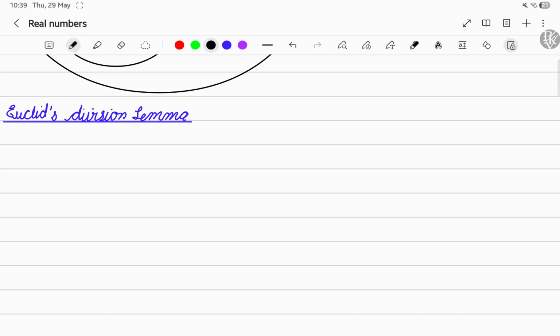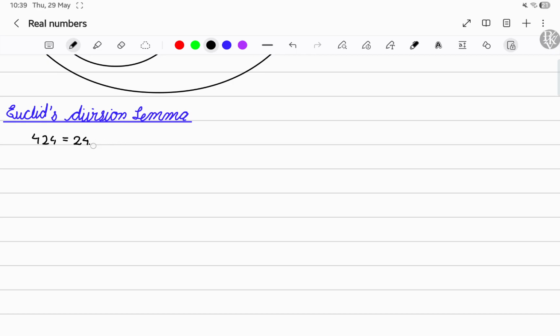So, Euclid's division lemma states that if there are two numbers, let's say 424 and 24, and we are asked to find the HCF of both these numbers, what we have to do according to Euclid's division lemma is to take 424 equal to 24 multiplied by something plus a remainder.